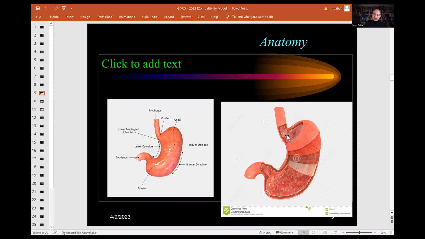And so therefore underneath is the beginning of pylorus, and that pylorus is predominantly circular muscle fibers, but the outermost part of the muscular wall of the stomach is composed of longitudinal muscles. The middle part of the stomach is composed of circular muscle fibers, and the innermost part is composed of oblique muscle fibers.